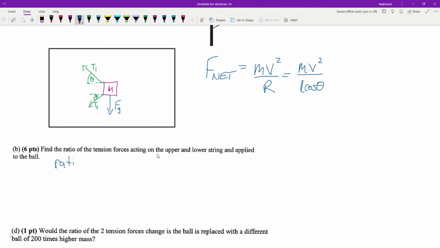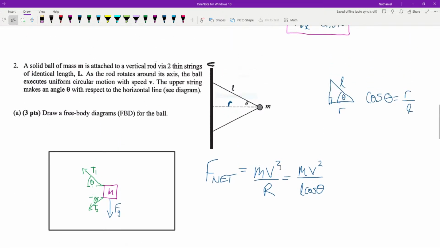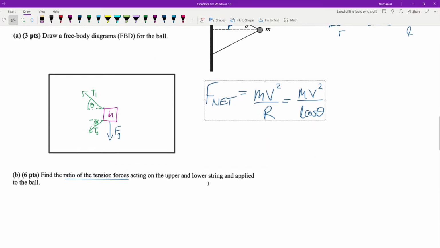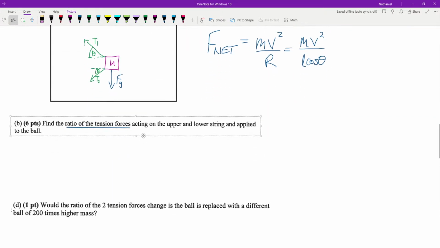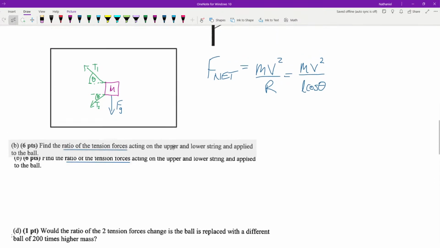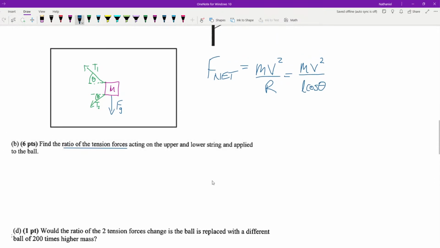So, okay. The ratio of the tensions. That's interesting. Okay, sure. So, to get here, we're going to have to do some F-net stuff. So, let's do it anyway. So, FG, well, let's maybe just say that this is also purely horizontal, right?